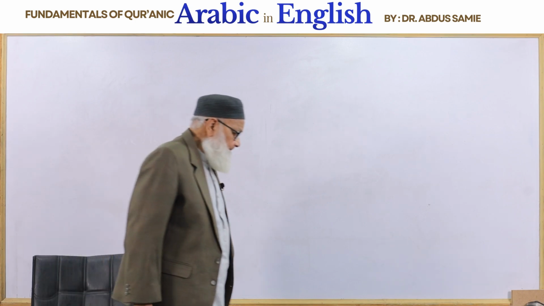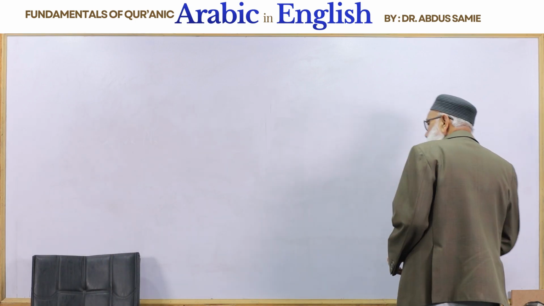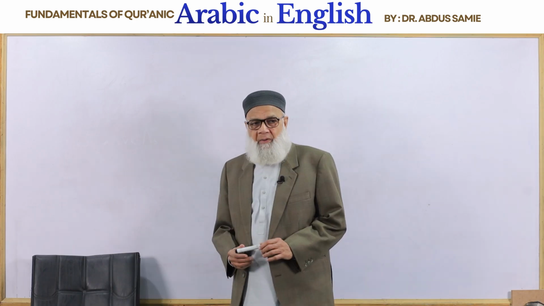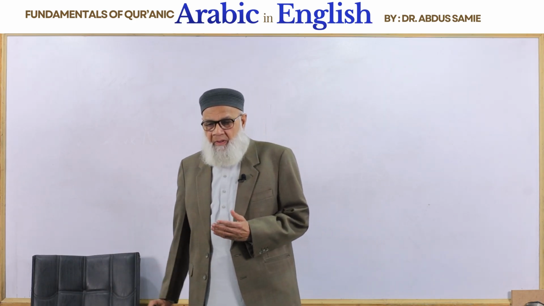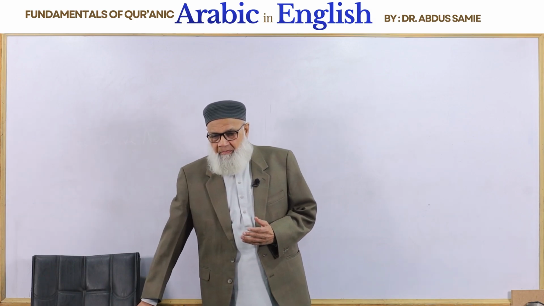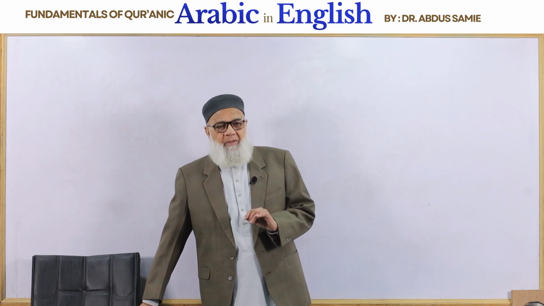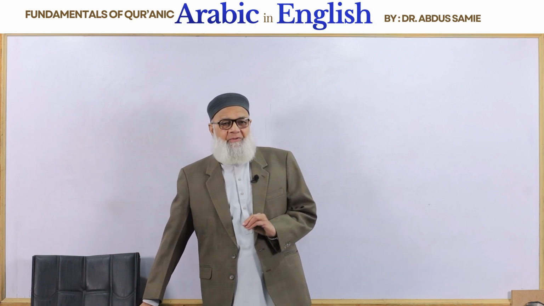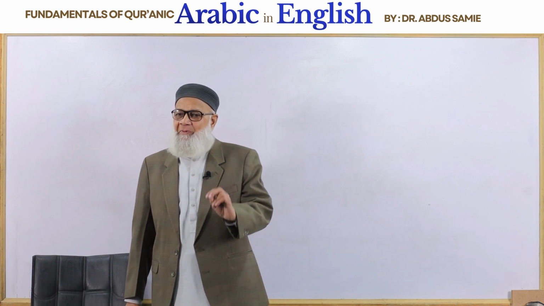You should remember that we were talking about the different types of definite noun. Just for your reference, there are 4 characters of a noun which one must recognize before he writes, reads, or speaks Arabic.